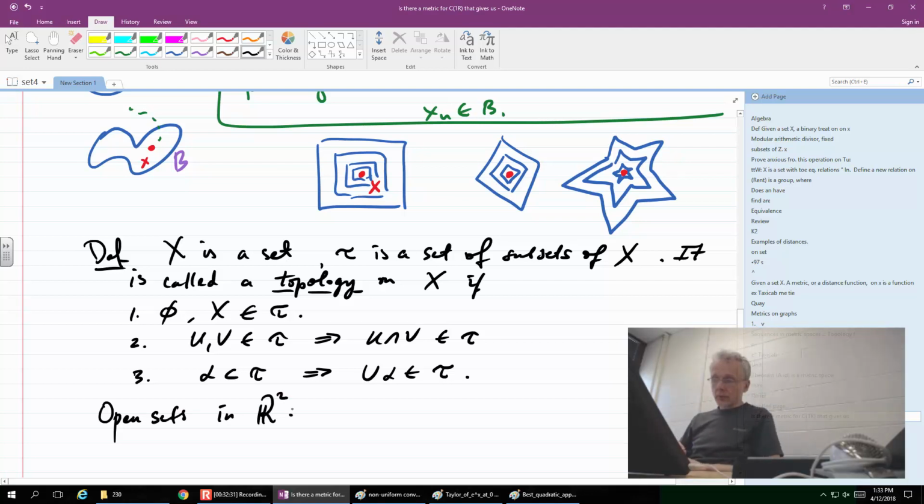Open sets in R2 satisfy these properties. Okay. So first of all, what is an open set? I'll get back to this definition, which is abstract and takes time to digest. But let's see where we have seen something like that. Whatever Euclidean space you pick, there is such a thing as an open set, and then the set of all open sets will satisfy this property.